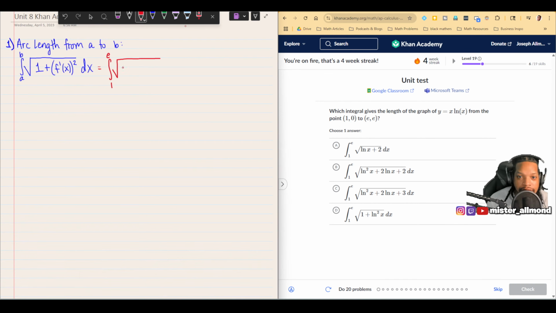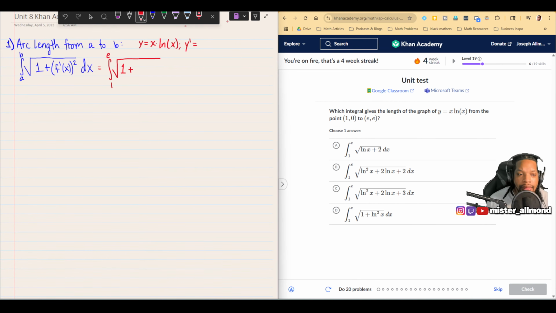So let's go 1 plus, and then it tells us that y equals what? x ln of x, or x times ln of x. So we just got to get the derivative of that, which should be, appreciate the likes. So I'm going to go what?